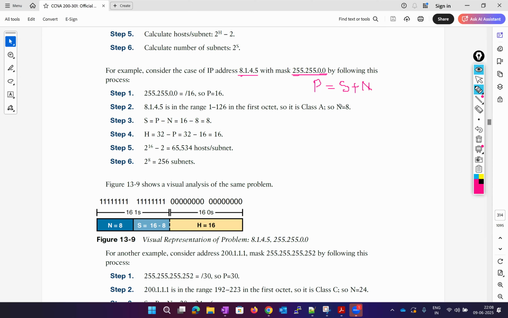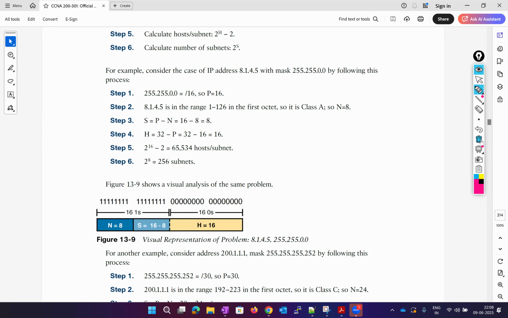Then how many subnet bits are there, how many network bits, how many host bits, and the total number of subnets and total number of hosts. This is what we are looking for with this IP address and this address mask.